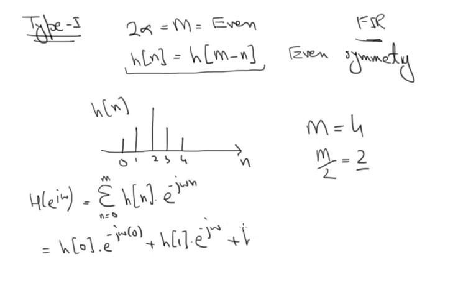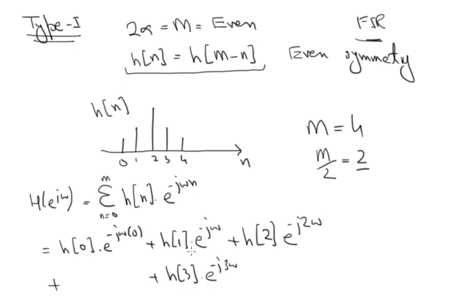Similarly, for h of 2, e raised to power minus j 2 omega, plus h of 3 into e raised to power minus j 3 omega.